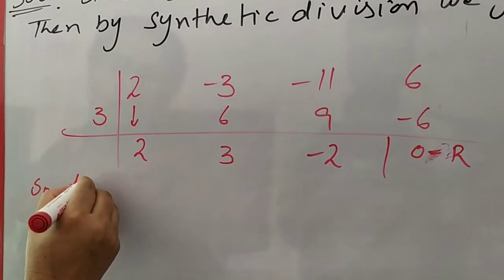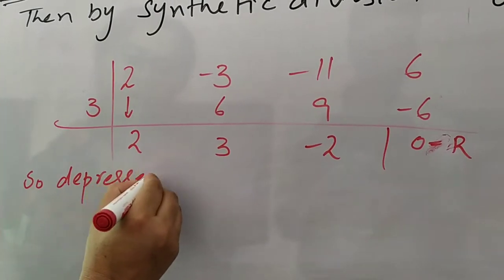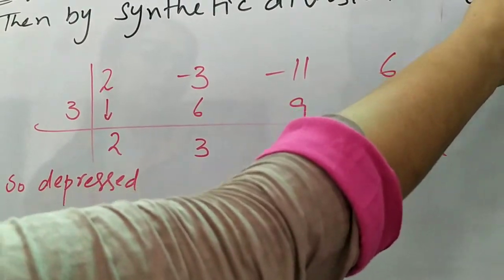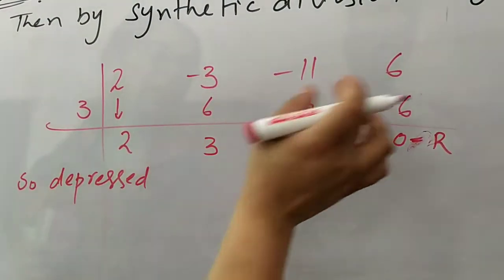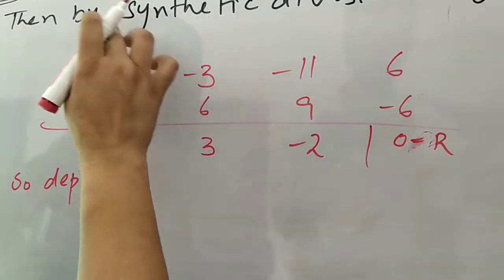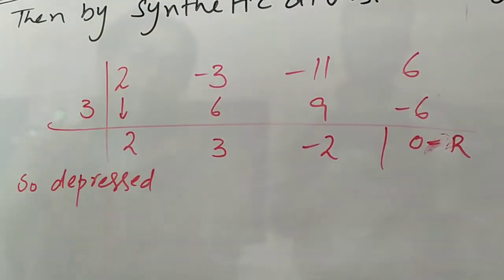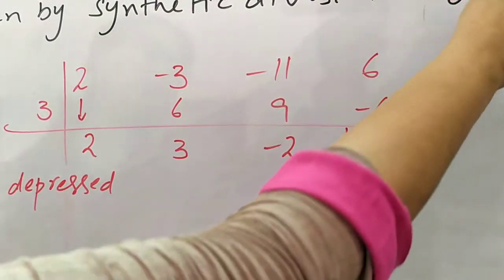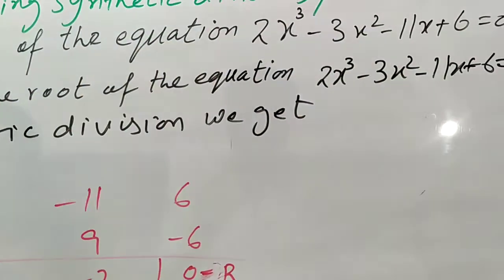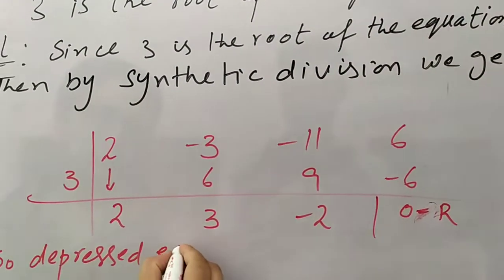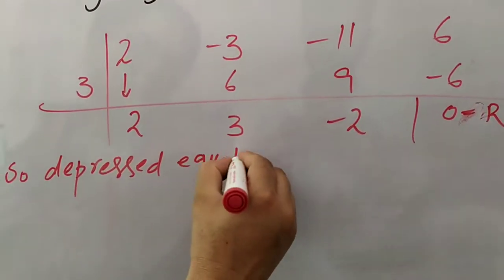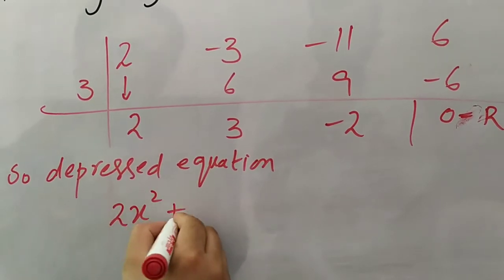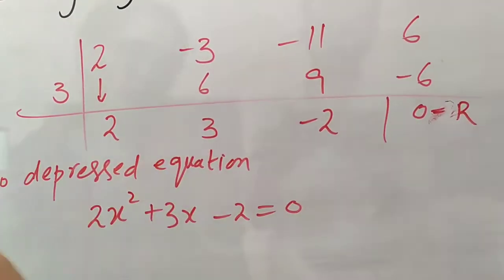Depressed means, as I told you in the Zoom class, the degree of this equation is 3, and after dividing by the given root 3 using synthetic division, the degree of the equation decreases by 1. So I am going to write the depressed equation with these coefficients. It becomes 2x^2 plus 3x minus 2. So it is our depressed equation.